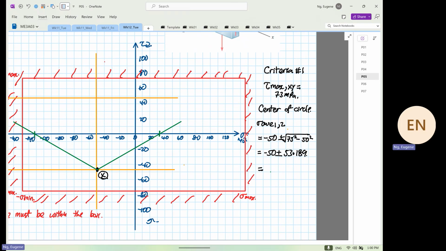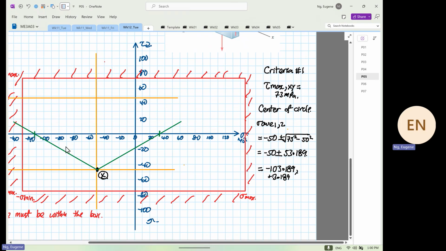So there are two possibilities. So one is at minus 103.189 and the other one is at 3.189 positive. Okay. So now I'm going to sketch. I'm going to get rid of this green line. This is just a sketch early on, but now I know the more specific value. We know that 1 will intercept at 3.189.